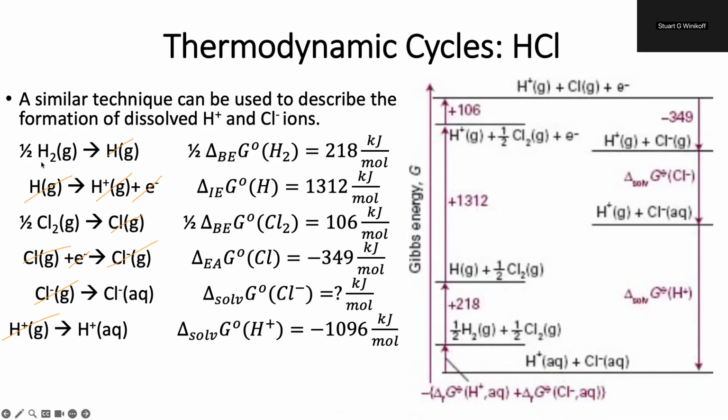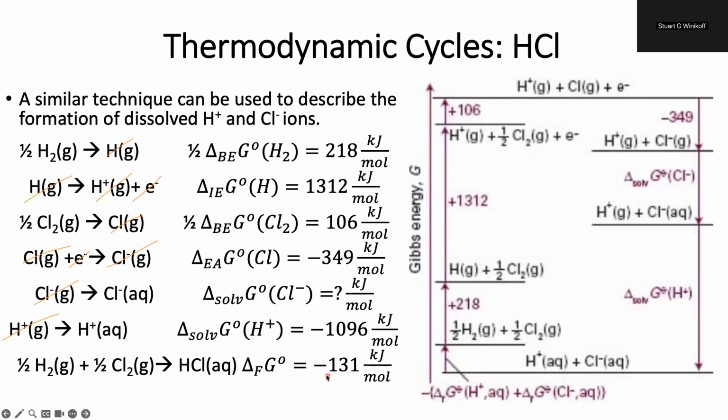And now I'm going from the elements to both of the aqueous species, or I've got my full energy of formation reaction, which I can determine. But it turns out, and again, we can look up the energy of formation for this process, and notice the whole cycle adds up.